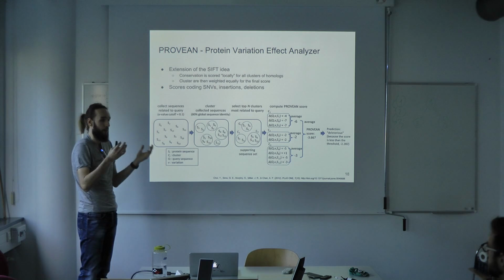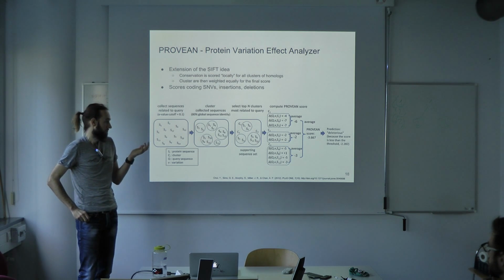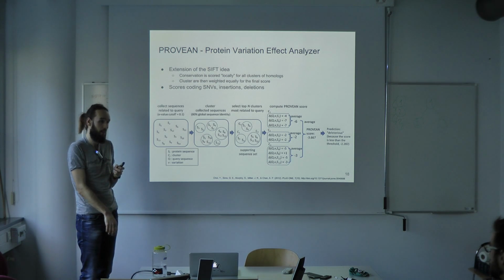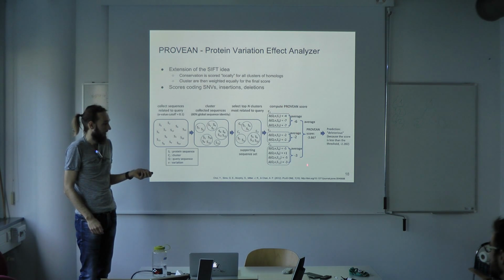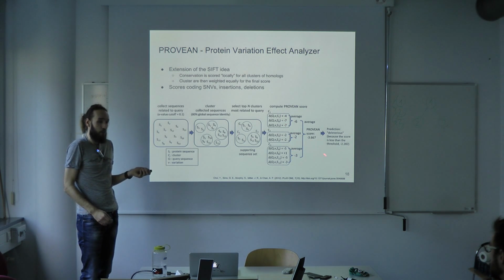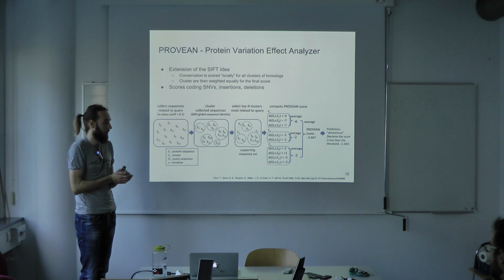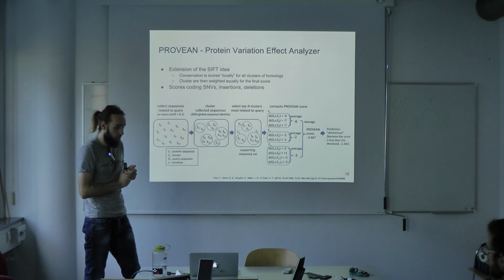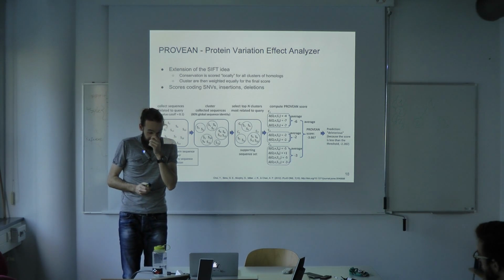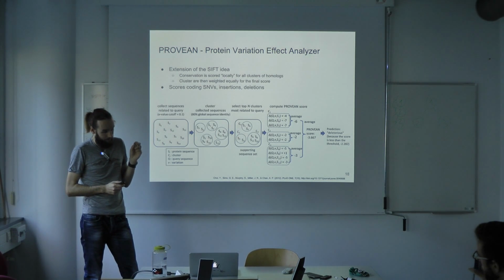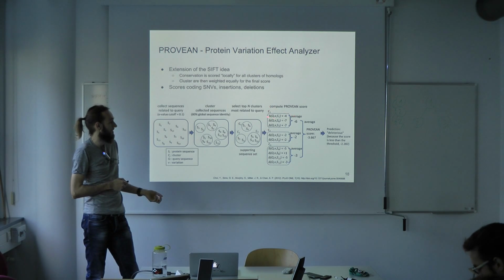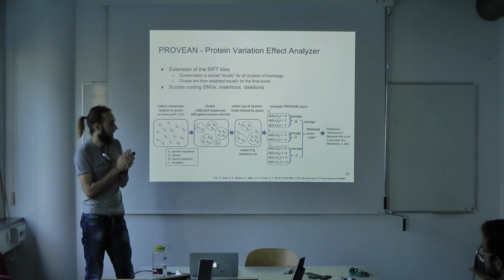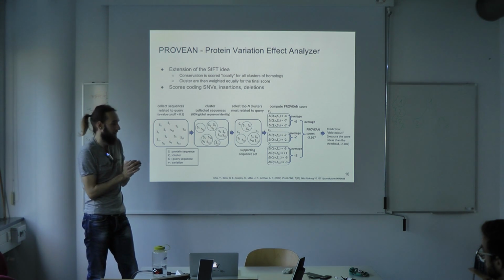Then you average all of these scores and you get one similarity score for that cluster. And then you do the same thing for other clusters as well. Then you have the average scores for all clusters, and then you average over those again. That is your final score. Now what's different here to Sift: the similarity here is calculated via the Blosum matrix, but that's not really the important point.